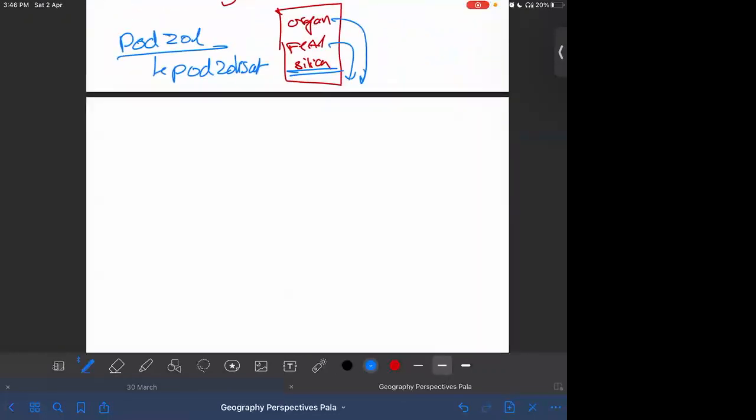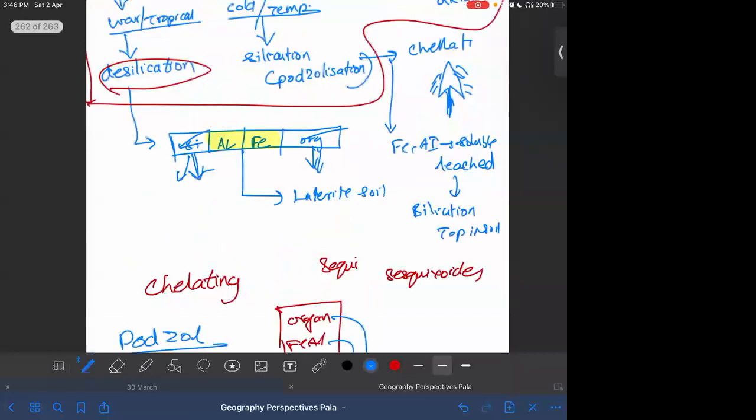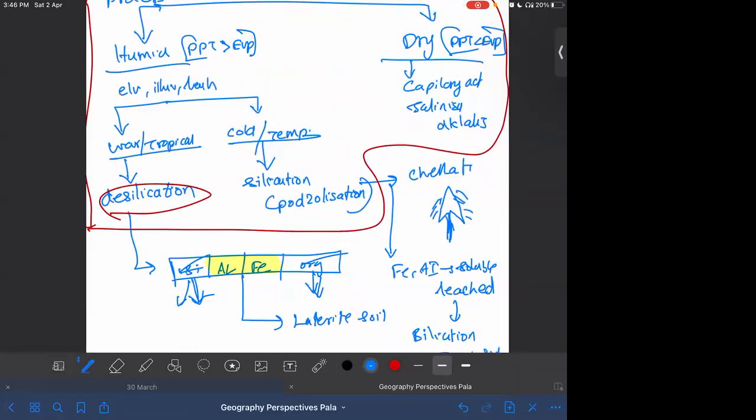Now the next one is desilication. We have explained that too, right? In tropical climate, the process of podsolization happens in cooler climates, while in tropical climates there are desilication and laterization.